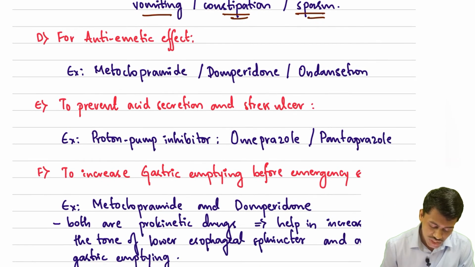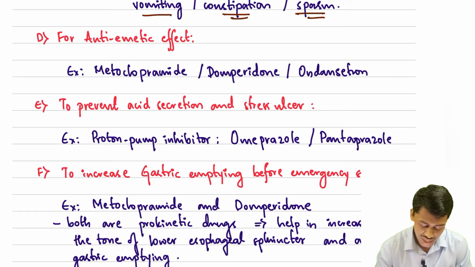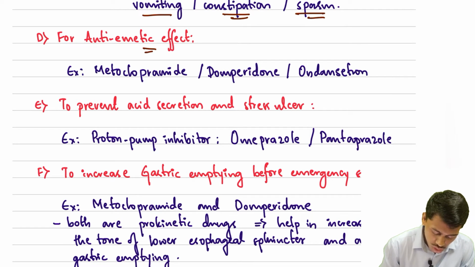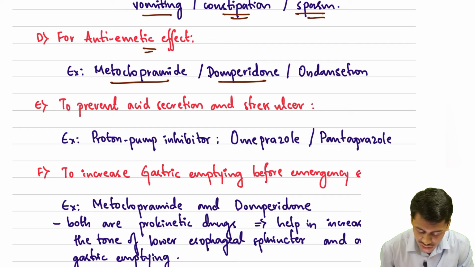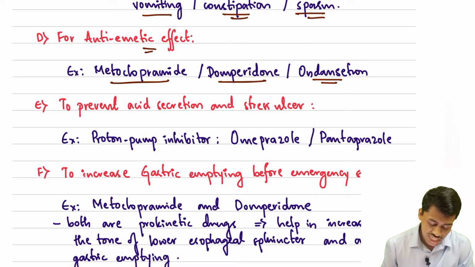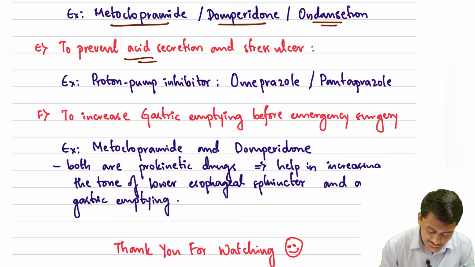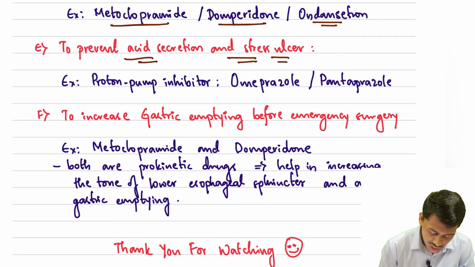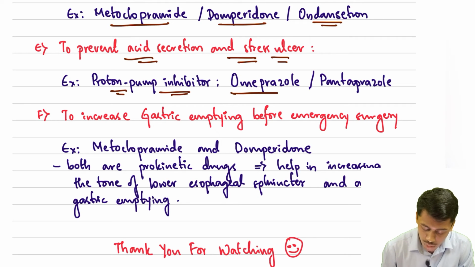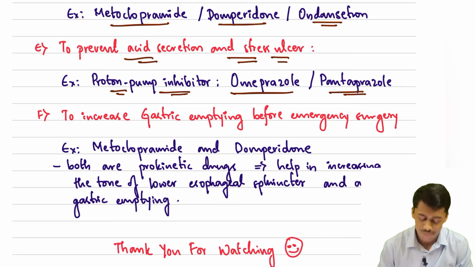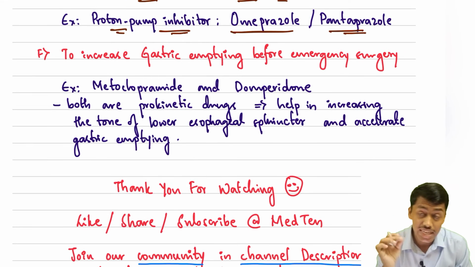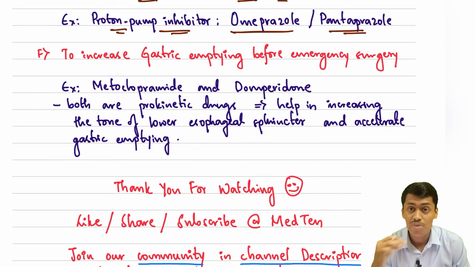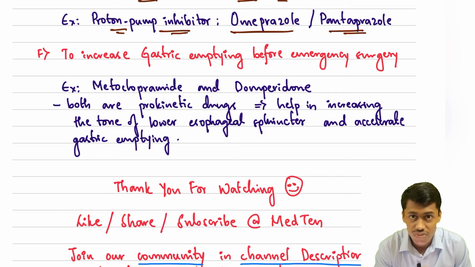The next objective is for the antiemetic effect. For the antiemetic effect, we use metoclopramide, domperidone as well as ondansetron. Then the next objective is to prevent acid secretion and stress ulcer. To prevent acid secretion in the stomach as well as stress ulcer, we use proton pump inhibitors such as omeprazole or pantoprazole. Then to increase gastric emptying before performing an emergency surgery, we have to remove all of the gastric contents in the stomach, right?